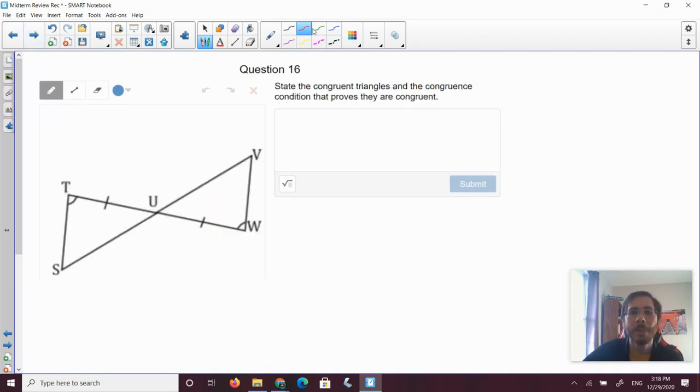For 16, state the congruent triangles and the congruence condition that proves that they are congruent. So the nice thing is we got some vertical angles here. So this comes out to be pretty nice because we know those are vertical. So since they're vertical, if we follow it along, we can start at the 1 and go past the 2 to get triangle TUS.